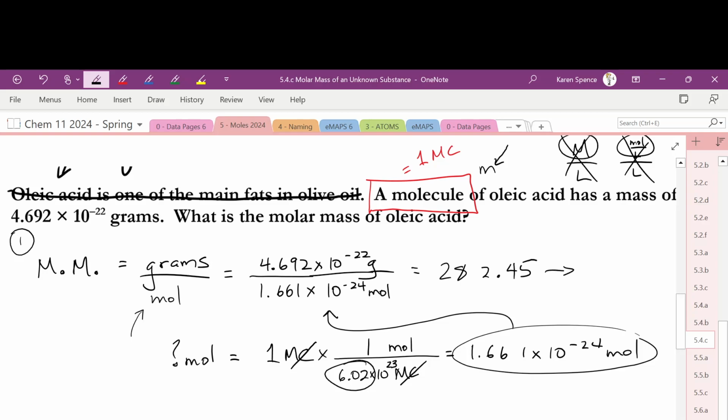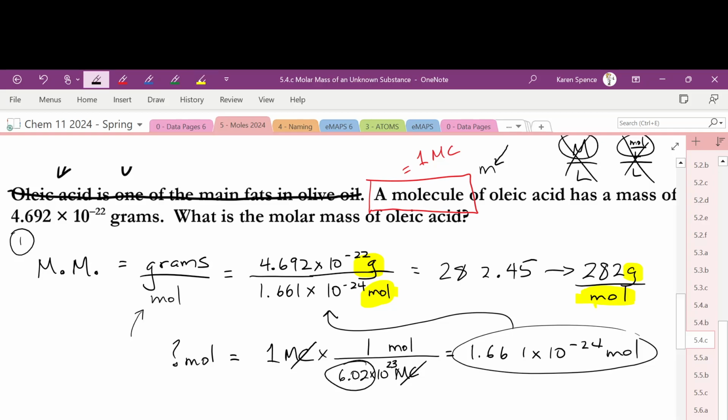So that's going to become 282 grams per mole. And you'll see here, what units do I have? Check your units in your calculation and see if you have the same units at the end. If your units are not grams per mole, you've done something wrong.